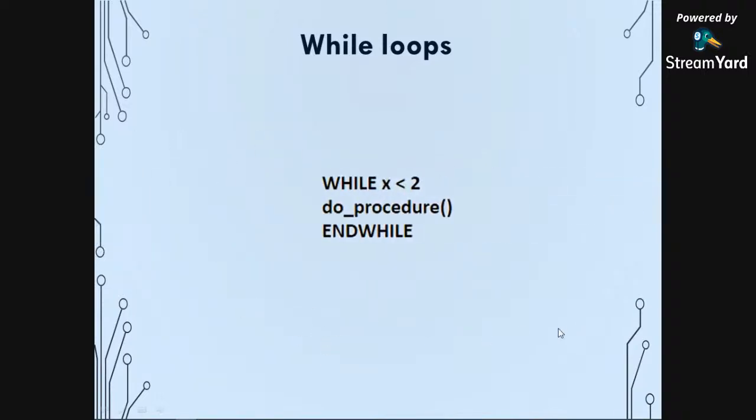So, pseudocode. We've got our while x less than 2. Don't really need an end, then here, but we do need our end while. Same idea here, end while. Now, you can see here I've got my brackets, do procedure. That's an idea, kind of talking about having our, oh, what's the name for them?